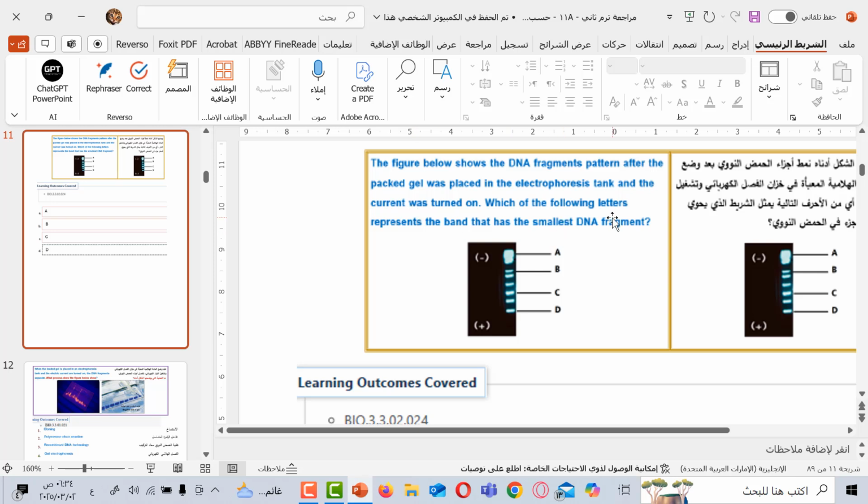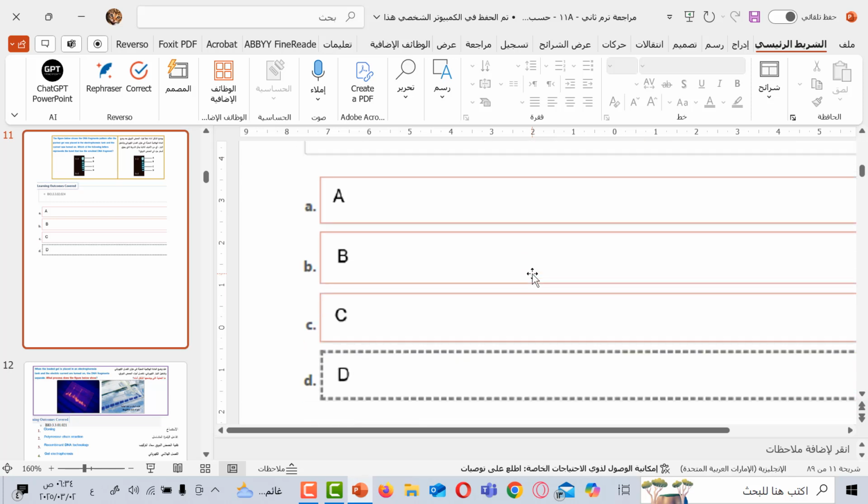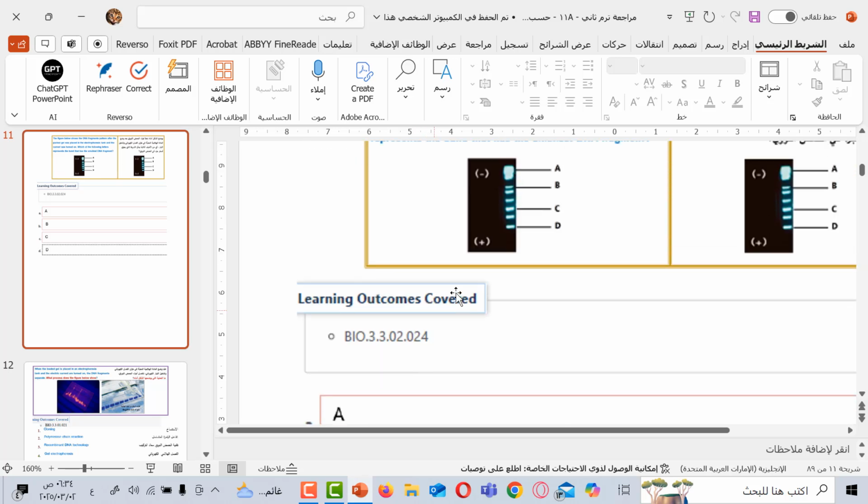Which of the following letters represents the band that has the smallest DNA fragment? Okay. So the true choice is D, because D is the smallest and the biggest is A.